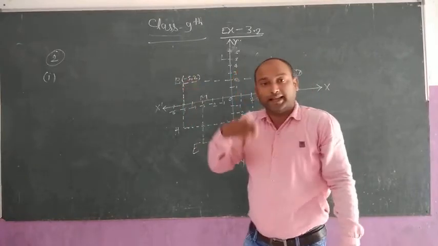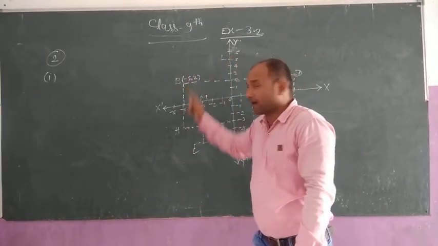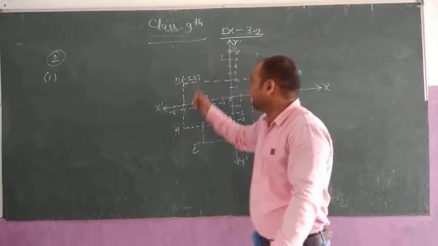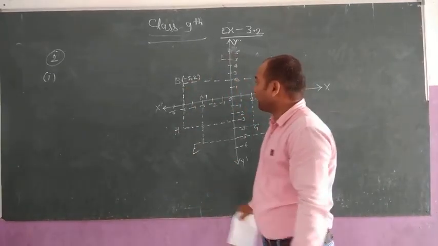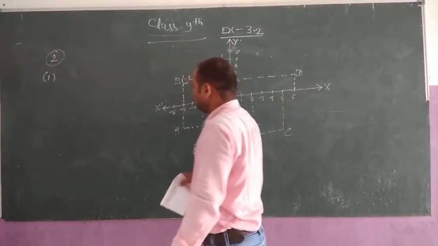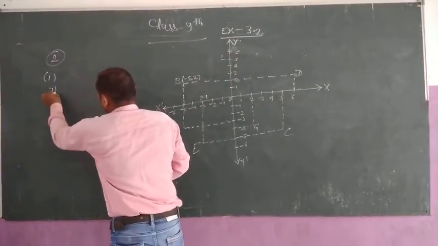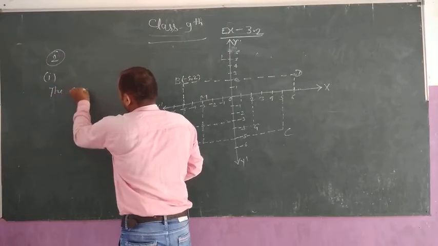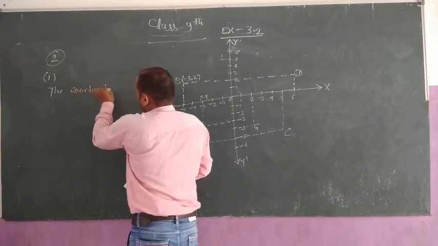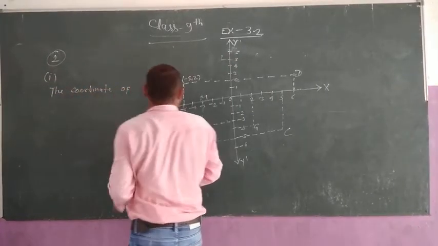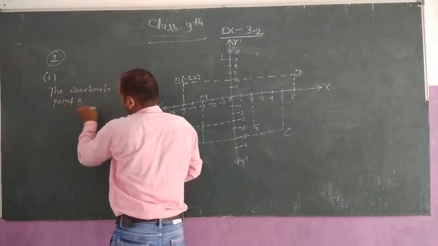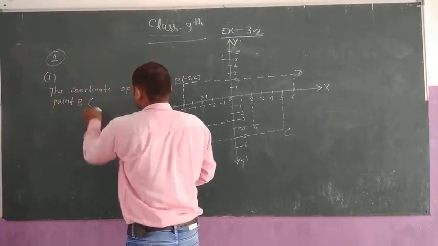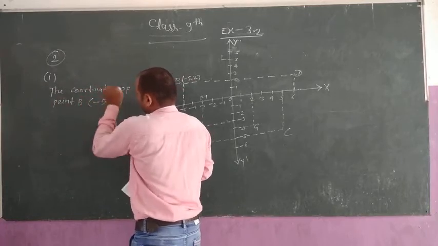The x coordinate is minus 5 and the y coordinate is 2. The coordinate of point B is minus 5 and 2.